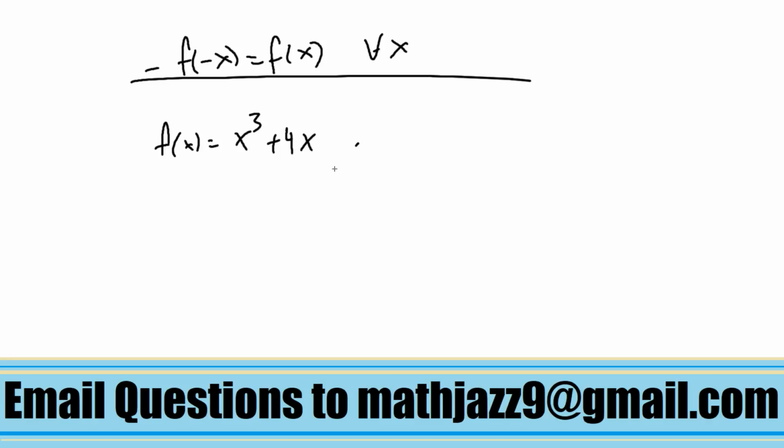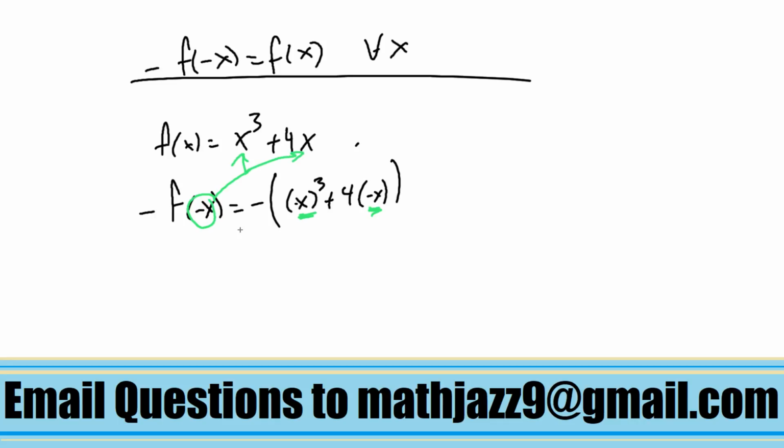With this one, we're going to write negative f of negative x, which means that we get negative, x cubed plus 4 negative x, in parentheses. So these negative x's are because we plugged this into each of our x's in the function. This negative comes from that negative outside of the function.